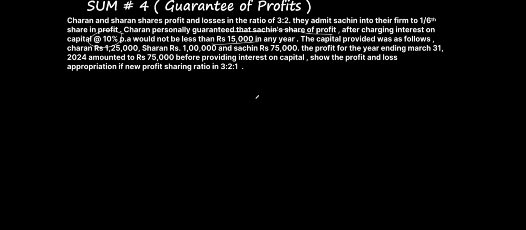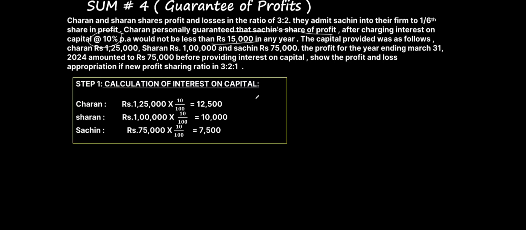So first let's see what is the interest on capital. For Charan, the interest on capital will be capital amount 1,25,000 into the interest rate 10 by 100, which will be 12,500.